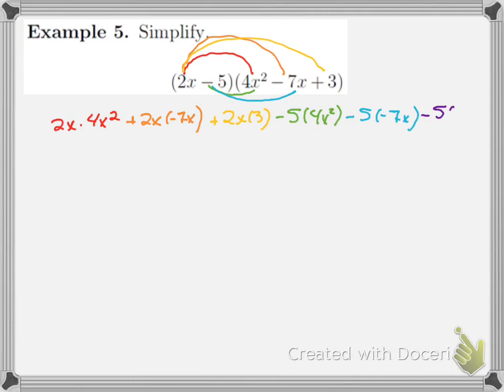So we have to use purple because purple is part of the rainbow. Okay, so minus 5 times 3. Yay! I'm going to keep using colors because colors are awesome and they make me happy.